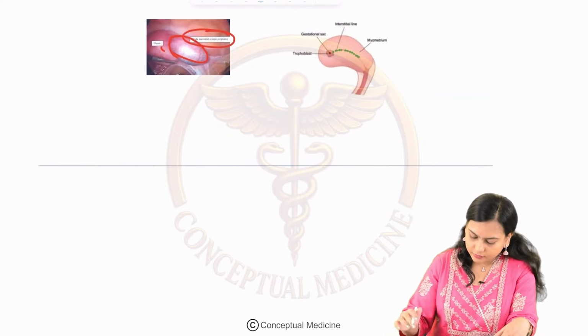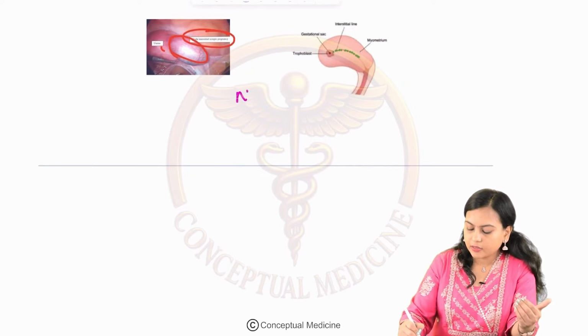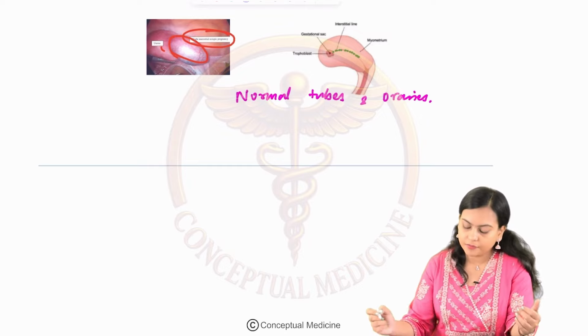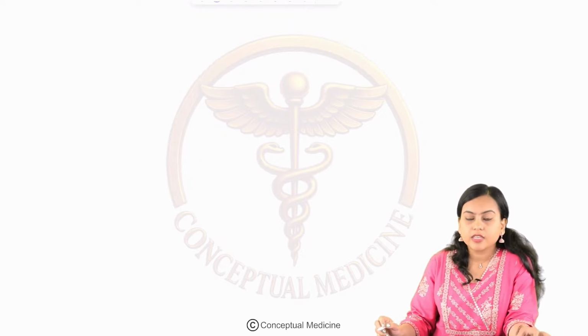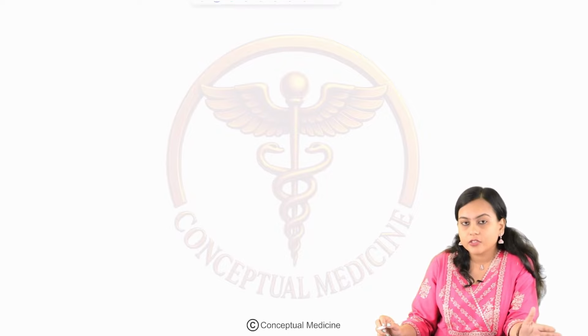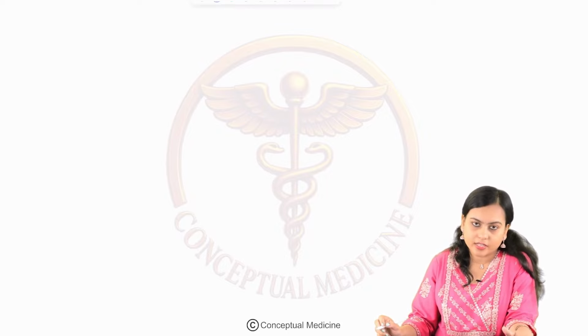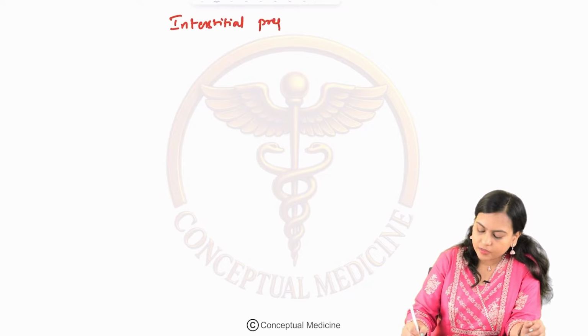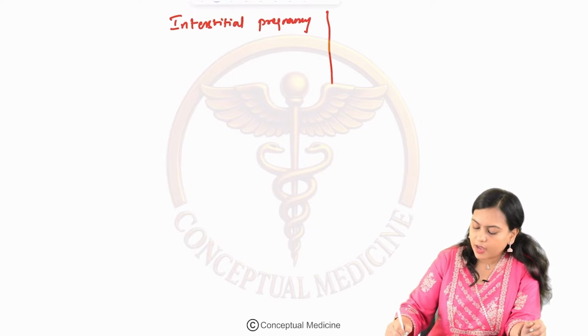And remember, you will be having normal tubes and ovaries in interstitial pregnancy. Clear? So, at this point, I want to make clear what is interstitial pregnancy and what is angular pregnancy.